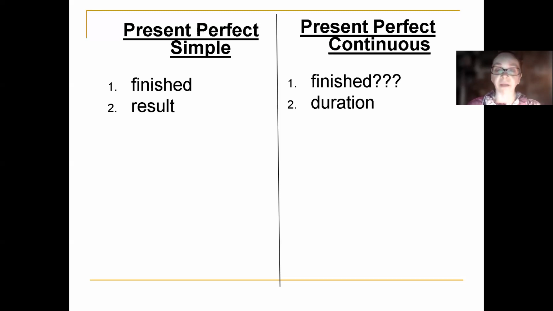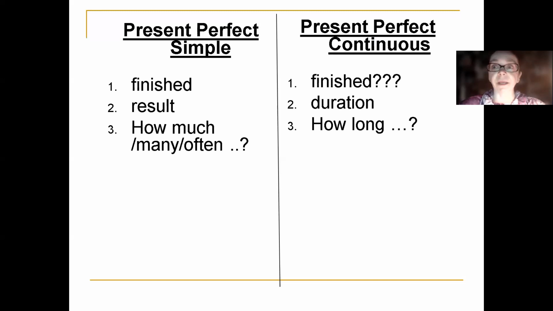It's not hungry. Whereas in present perfect continuous, we concentrate on duration. Oh, I have been doing math since early morning. I'm so tired. Or, I'm really hungry. I haven't been eating for 5 hours. And something like that.